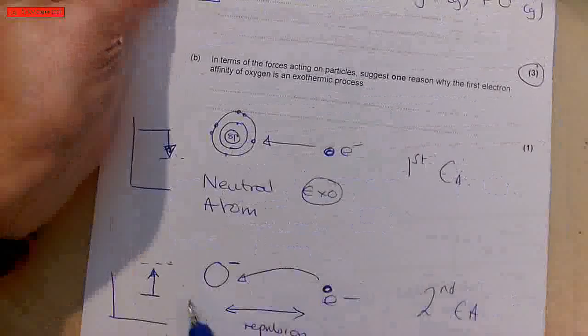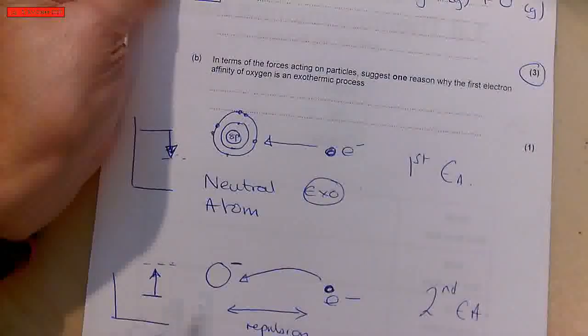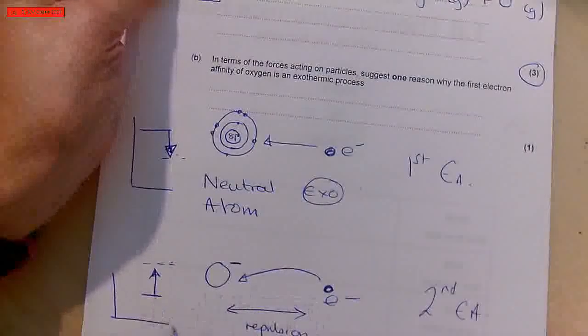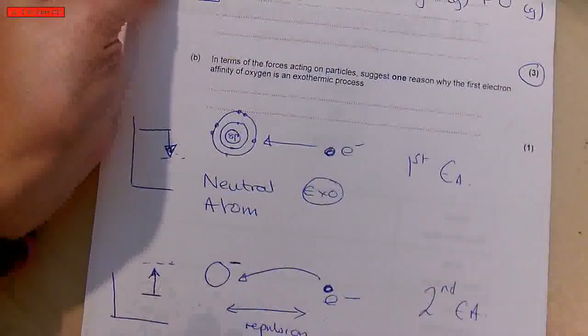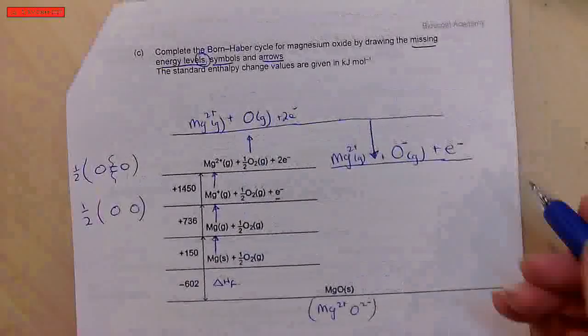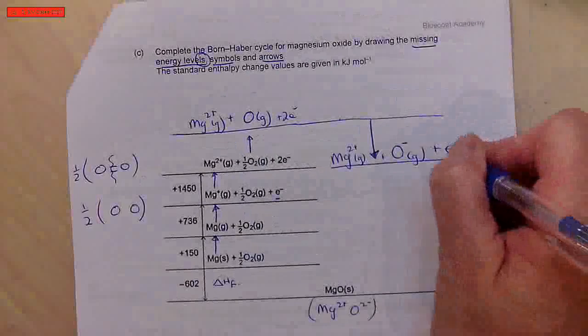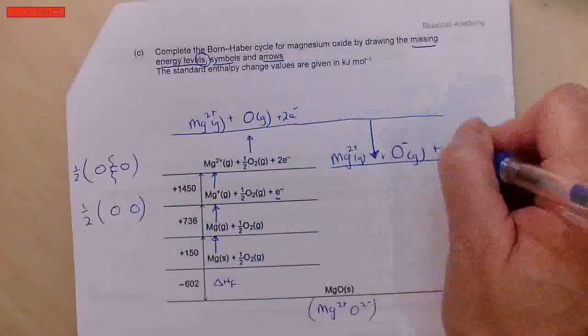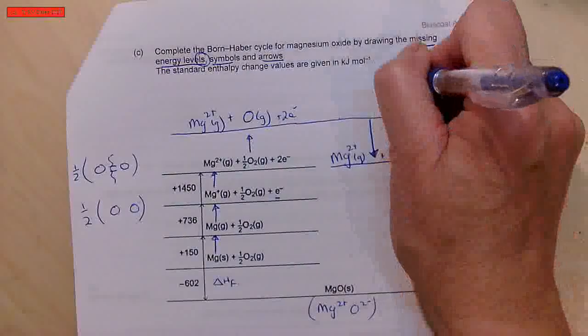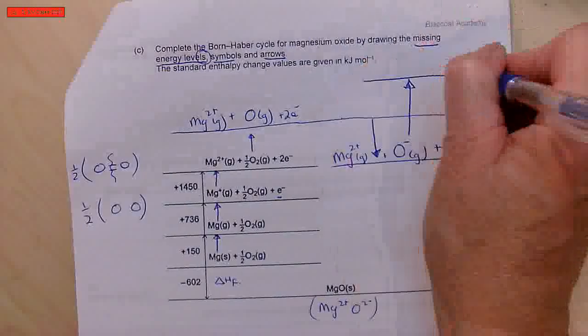Okay, now I explained here that when we put in the second electron, we've got repulsion forces and it's endothermic, so we should see that arrow going up. So at this point, I'm going to take that up here.